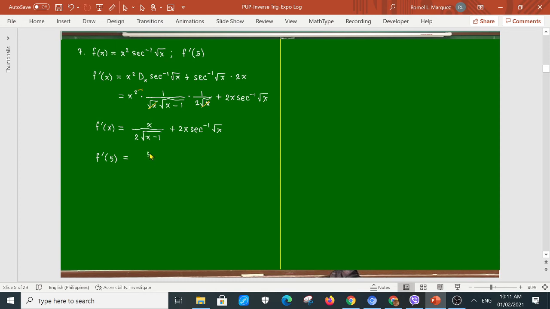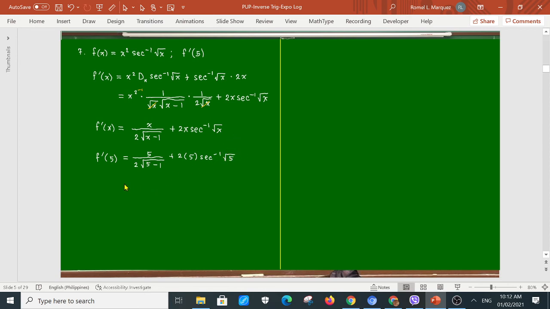So 5 over 2 times square root of 5 minus 1, plus 2 times 5, then inverse secant of square root of 5. Okay?